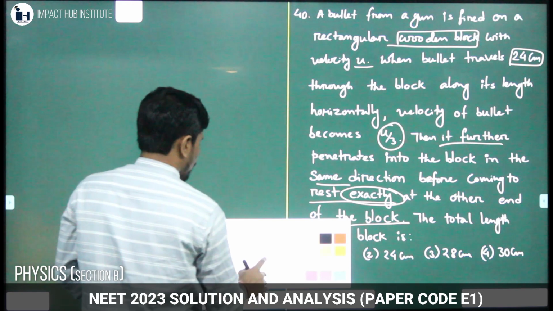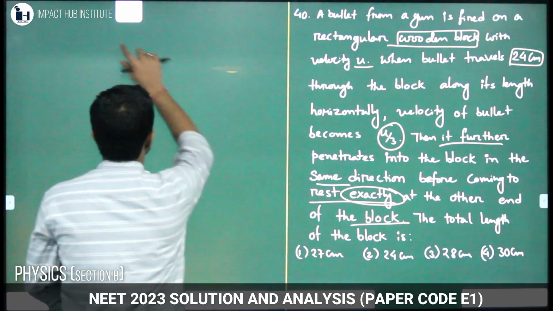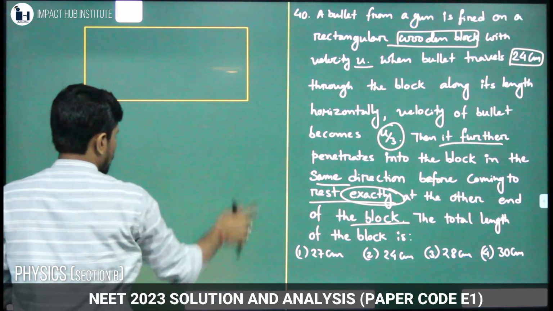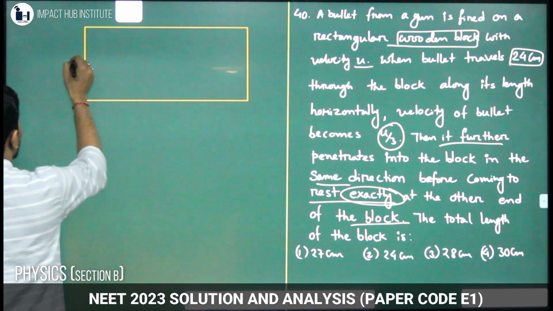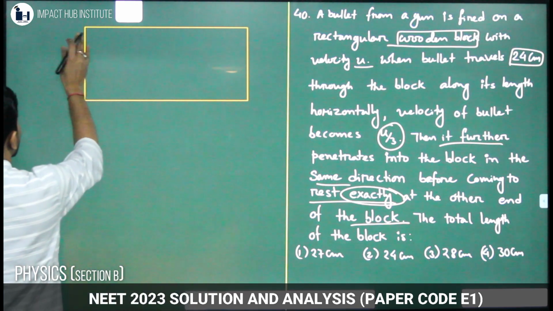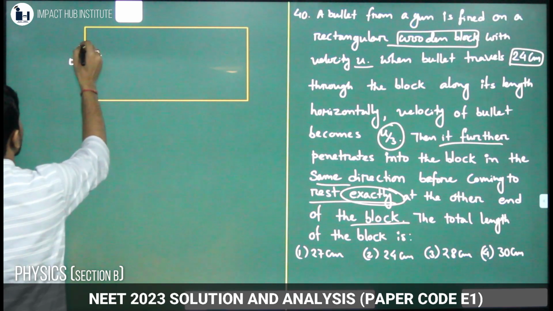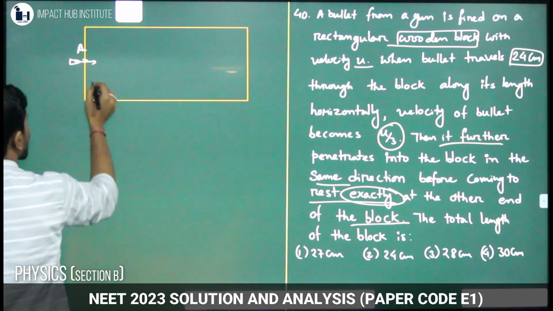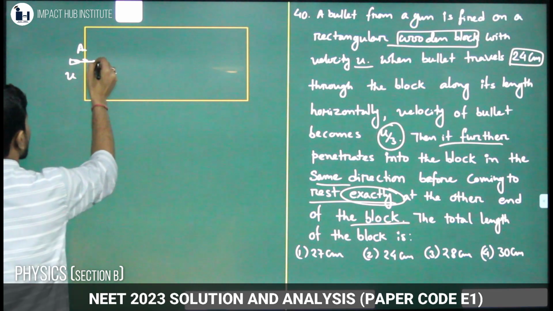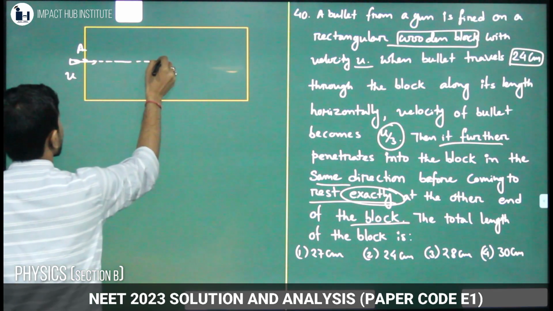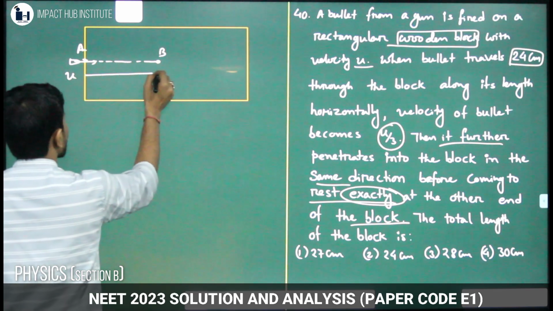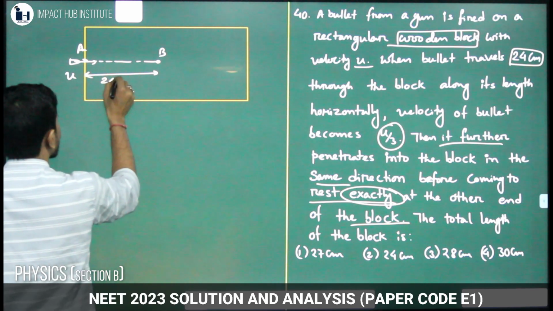If I want to describe the situation, it will be like this. The bullet was here. Let's say this point is A. At this point the bullet speed was equal to u. Then it travels up to a certain distance, let's say B. This distance is nothing but the 24 centimeter.